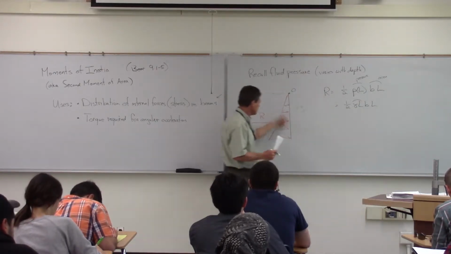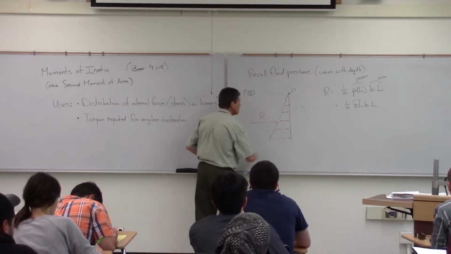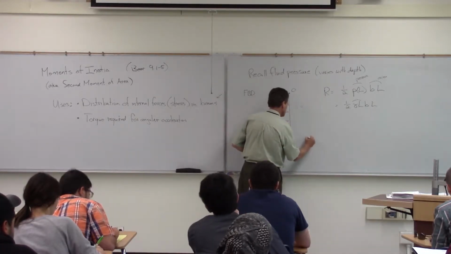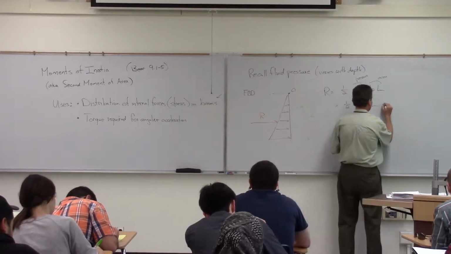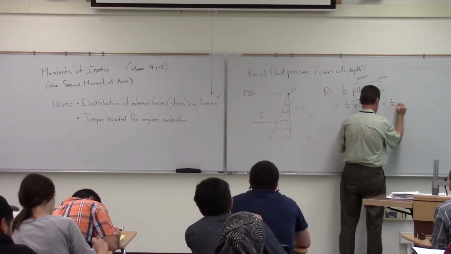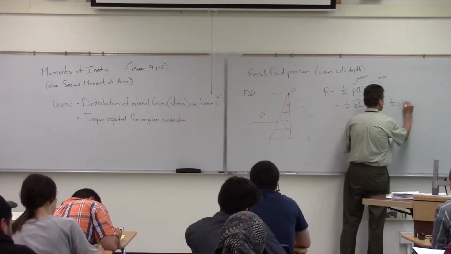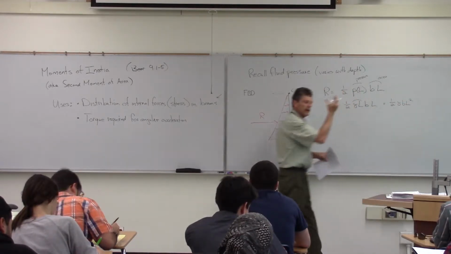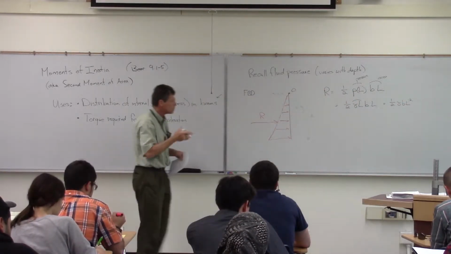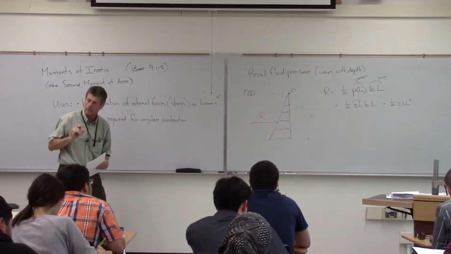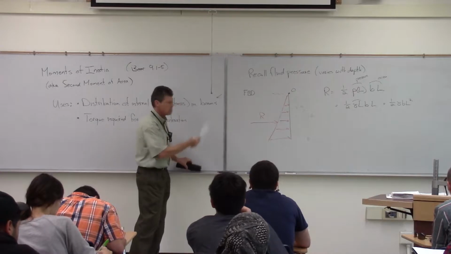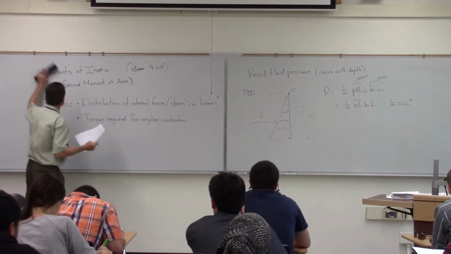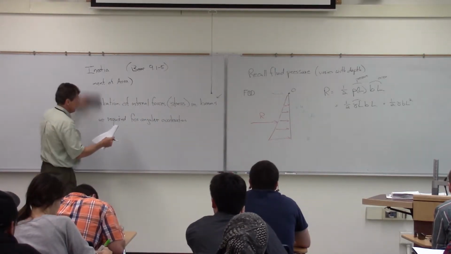But again, that depth, we'll call L. And we calculate then that equivalent force. We know where it acts because it's going to be acting through the centroid of that area there. And then we can go ahead and calculate a moment about O or a force on the pin, that sort of thing.